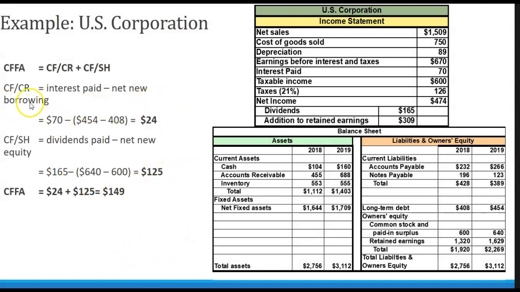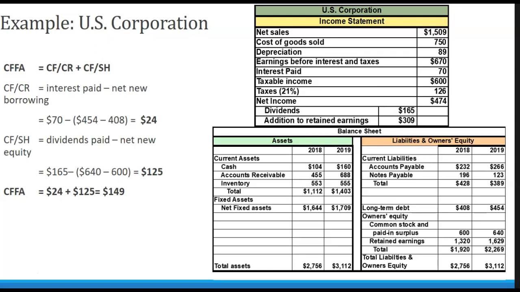So we can see then we're going to look at the cash flows to and from liabilities and our equity. When we're looking at our liabilities cash flows, we have interest paid minus any new borrowing. When we're looking at new borrowing, we're looking at the difference in our long-term debt from one year to the next.